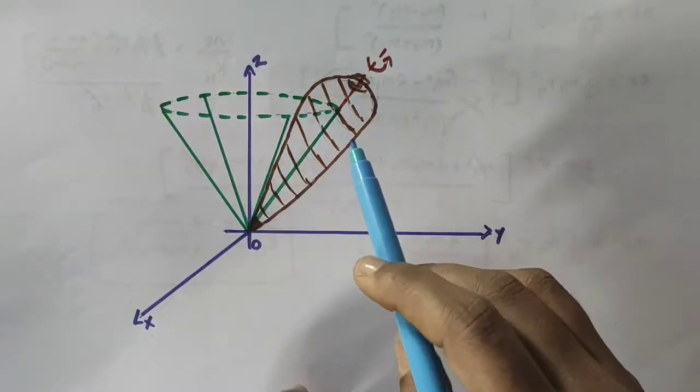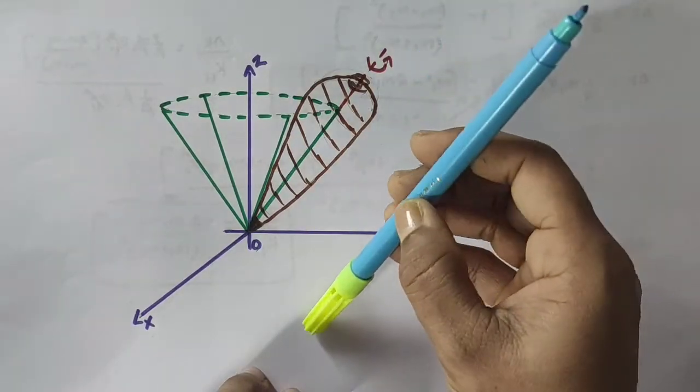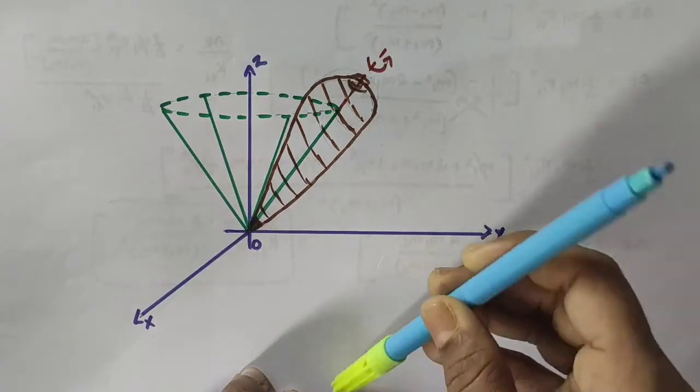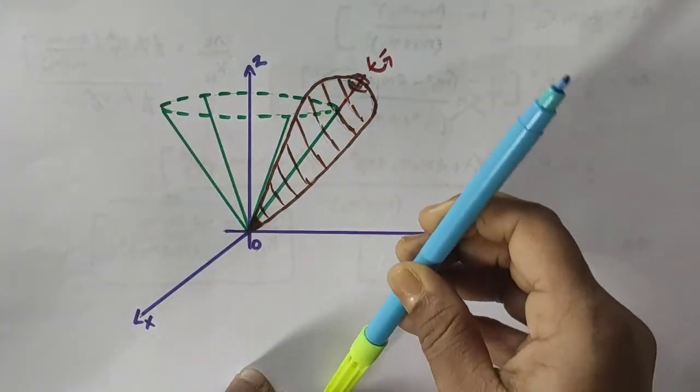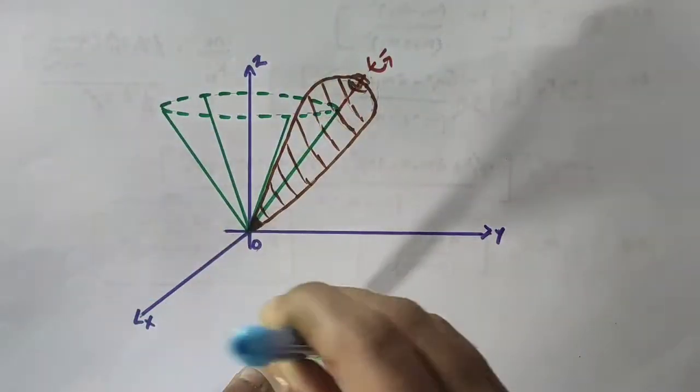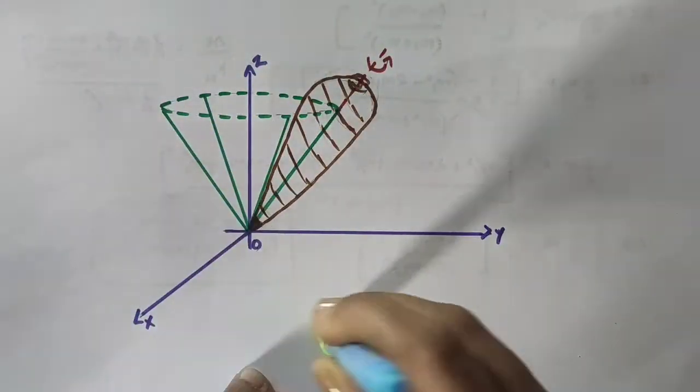You can imagine this as the top and this as its axis. It will be moving like this. Its point of contact with the ground is fixed, but its axis is moving like this.